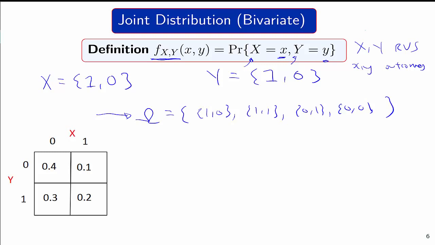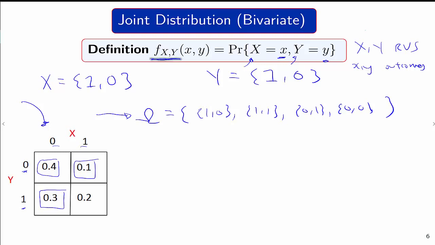We can visualize this by drawing it in a plot. X takes 2 values, 0 and 1. Y takes 2 values, 0 and 1. And again, we just give an example. Each element in each square is a probability. 0.4 is the probability X equals 0, Y equals 0. 0.1 is the probability Y equals 0, X equals 1. 0.3 is the probability Y equals 1 and X equals 0, and so on.